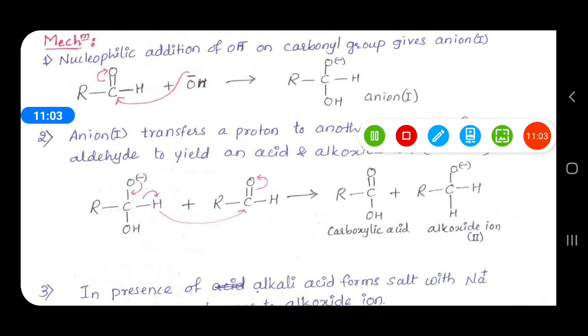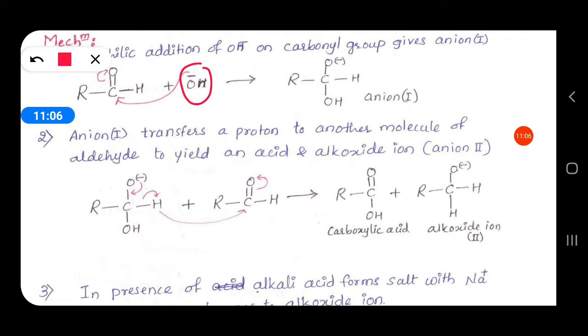The pi electrons of the carbon oxygen double bond are shifted to oxygen, and this OH minus attacks the electron deficient carbon and gives the addition product, that is anion 1. Oxygen gets a negative charge and OH minus attacks this carbon, so a new carbon oxygen bond is formed. This is called anion 1.